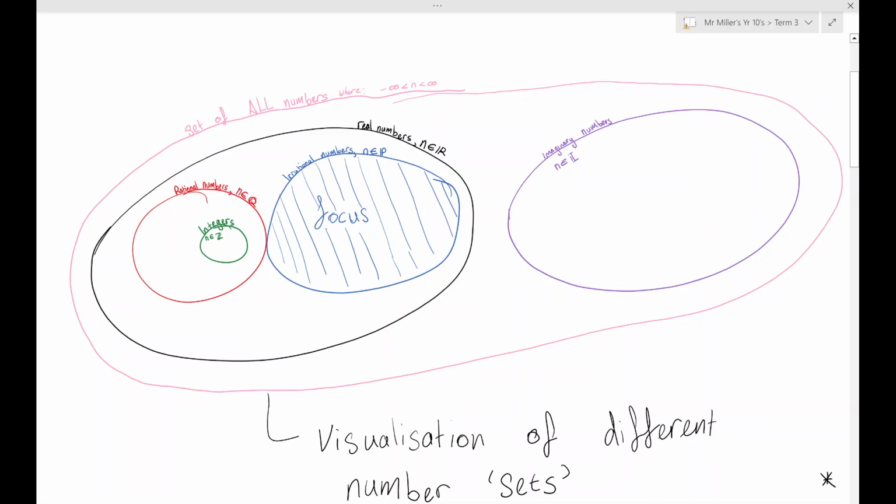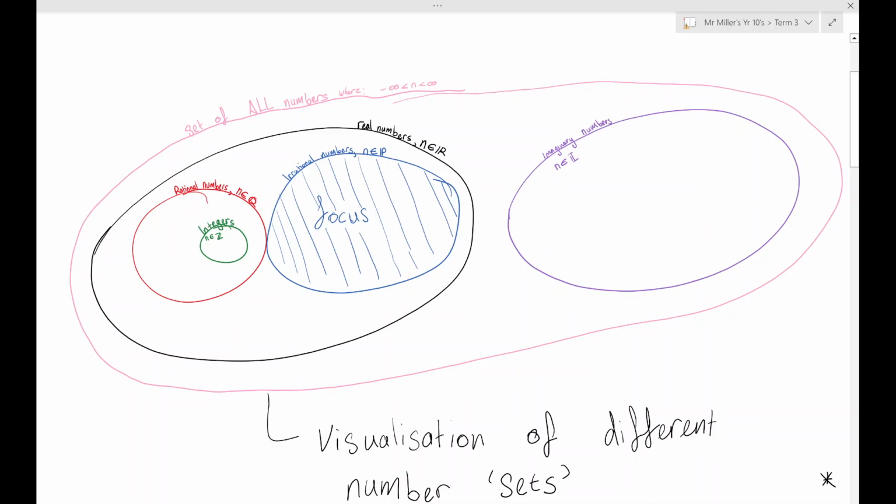All the numbers from negative infinity to positive infinity, they all exist in this diagram, and they're grouped into sets, right? So we have different types of numbers, and we group them into their own unique sets: integers, rational numbers, irrational numbers, imaginary numbers, real numbers, and the set of all numbers, which we would refer to as the set of complex numbers.